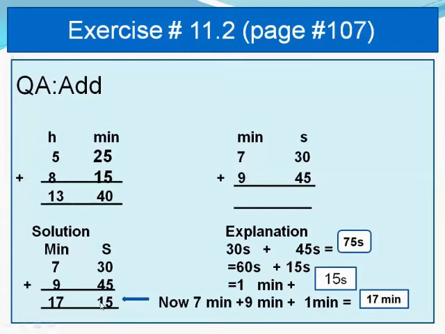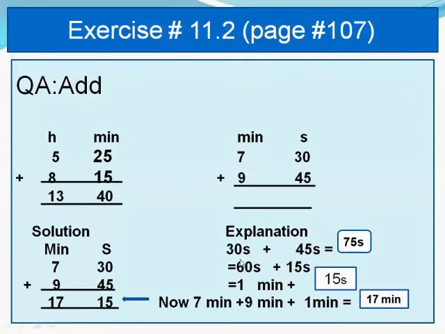In the explanation, 30 seconds plus 45 seconds is equal to 75 seconds. It is greater than 60, so we break up these seconds into minutes and seconds.